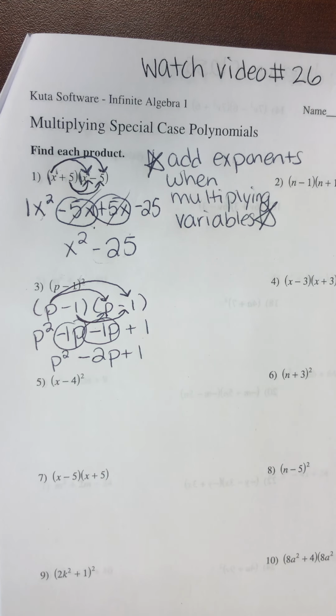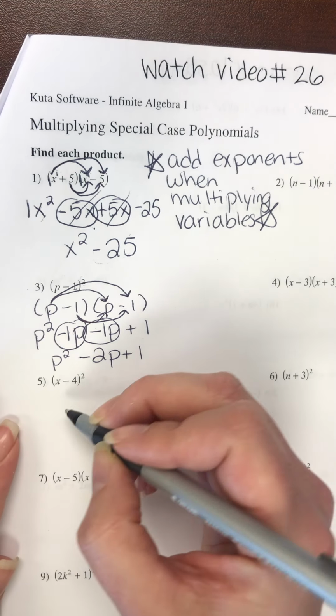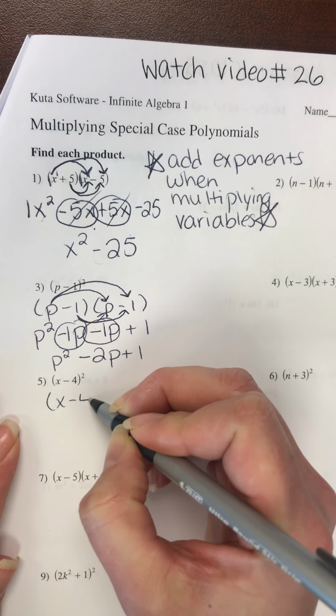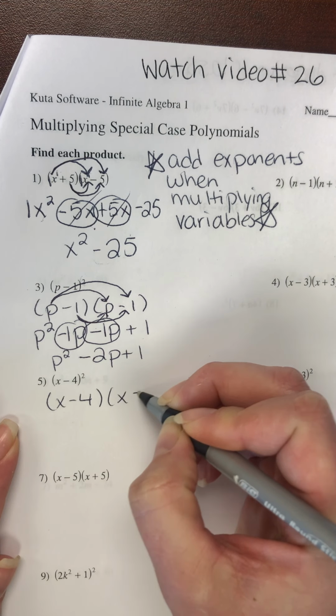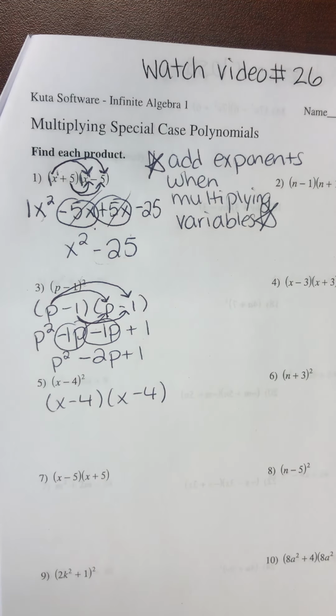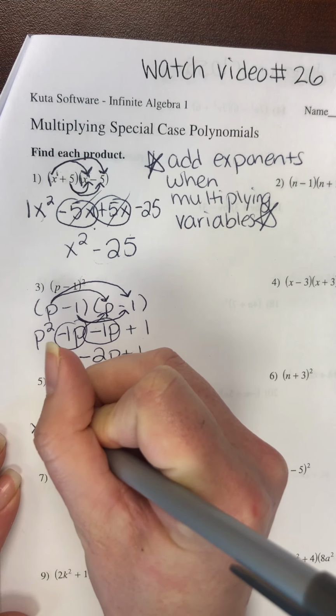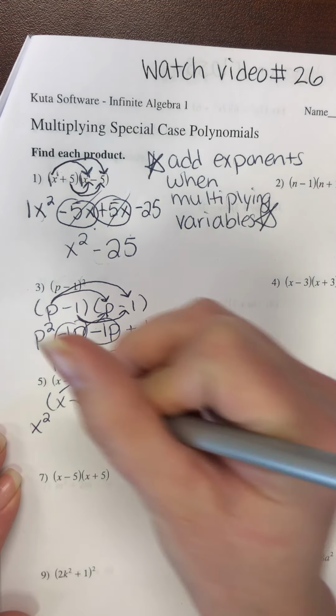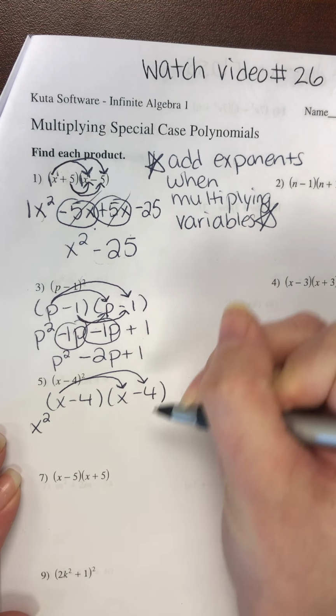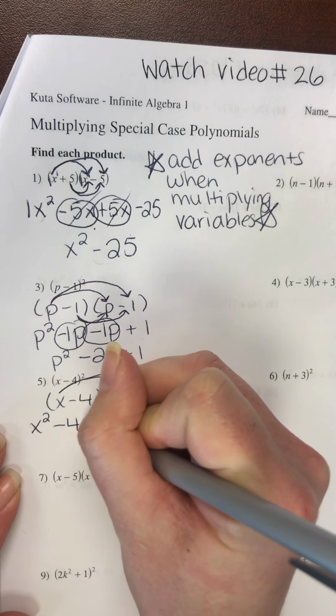I'm going to do number 5 just like we did number 3. So if I'm squaring anything, I am writing it out 2 times. So I'm doing x times x, which gives me x squared. X times negative 4, which gives me negative 4x.